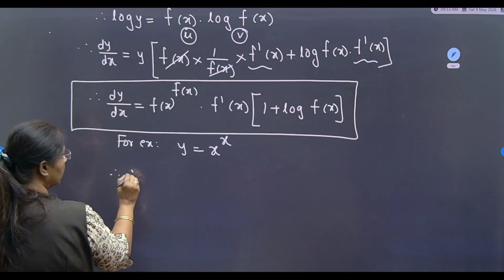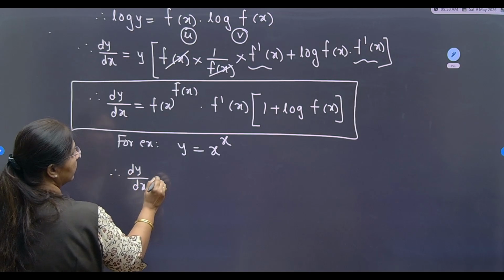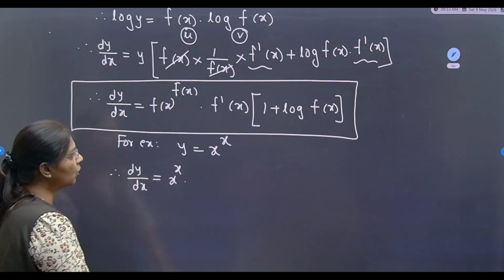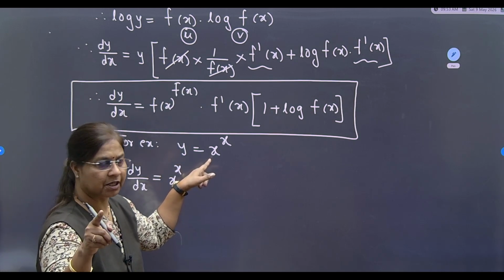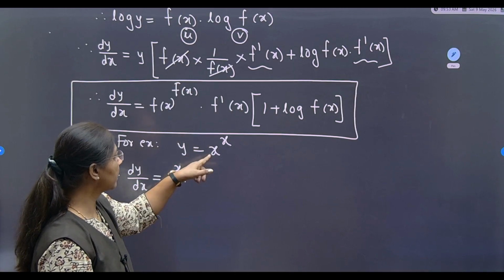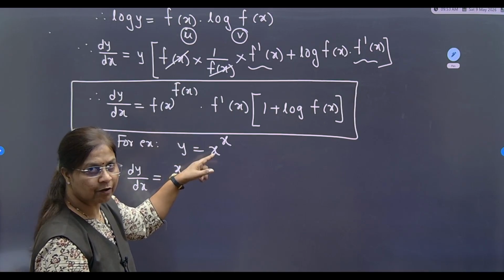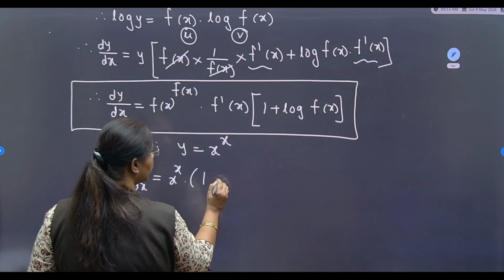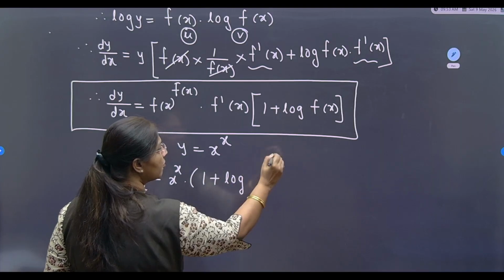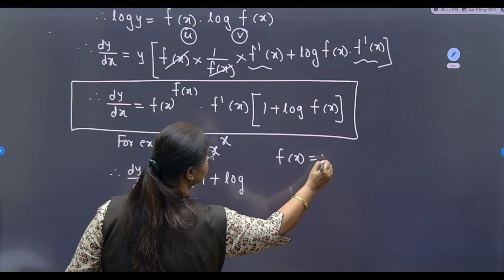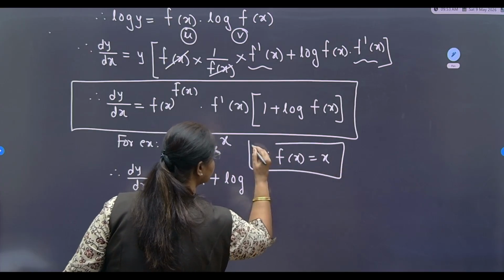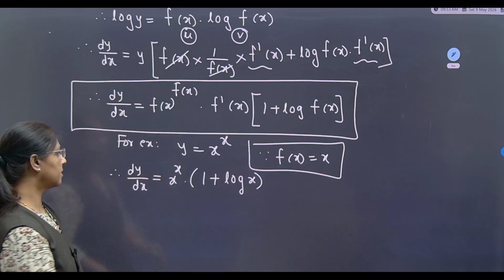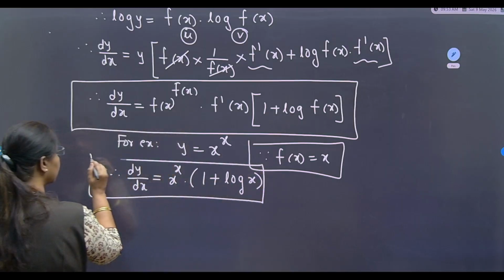Then by shortcut we get dy upon dx is equal to function raised to function, x raised to x, into f dash of x, derivative of x is 1, in bracket 1 plus log of f of x. Here our f of x is equal to x. Therefore the answer is x raised to x in bracket 1 plus log x.